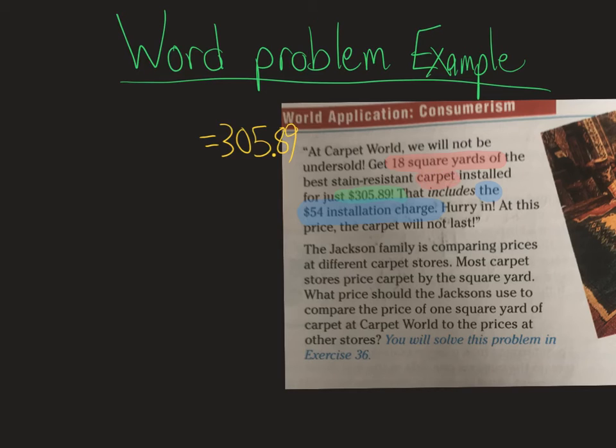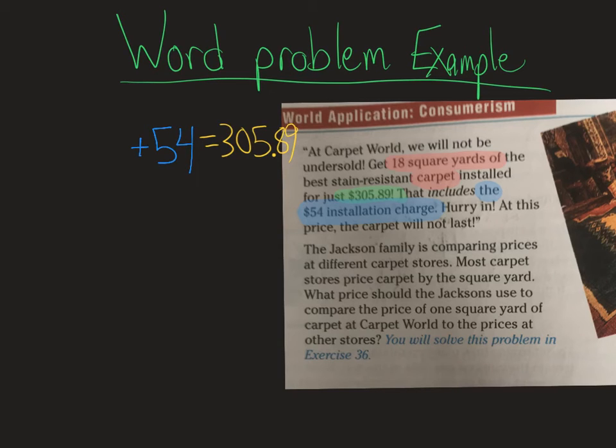Okay, so you've got 18 square yards of carpet, and you've also got a flat fee of a $54 installation. So what we end up with, and this is a very common thing in a two-step again, is there's my flat fee of $54.